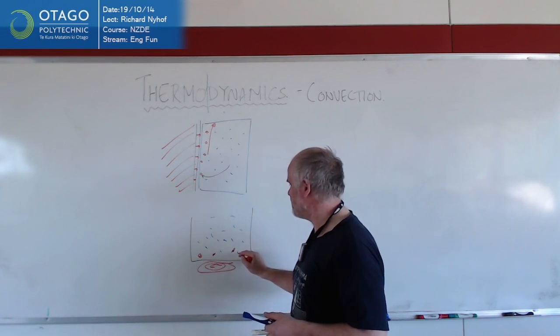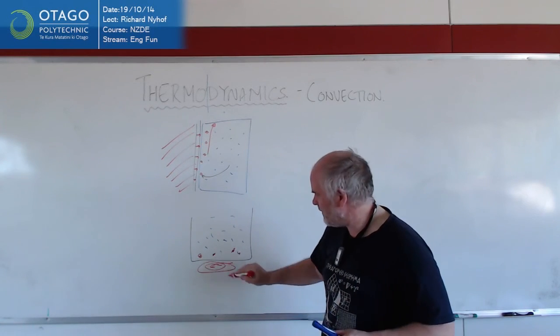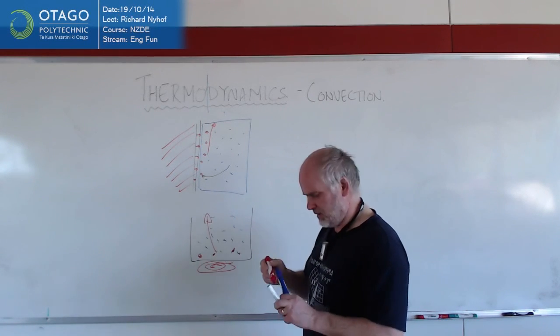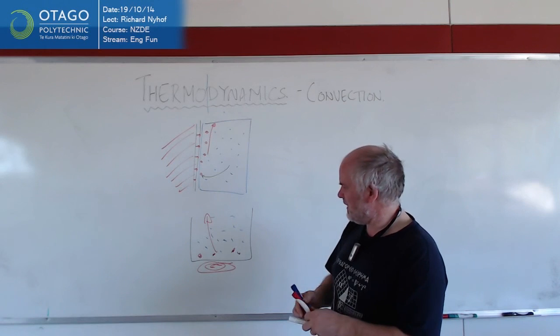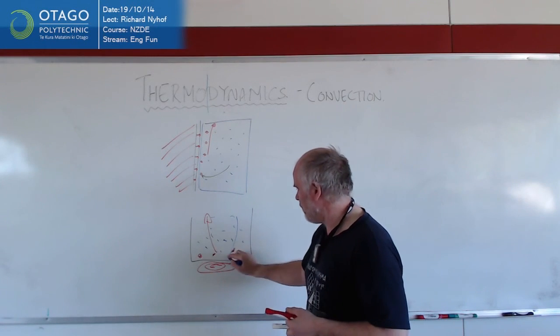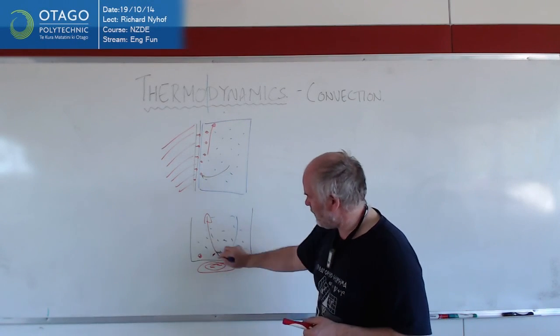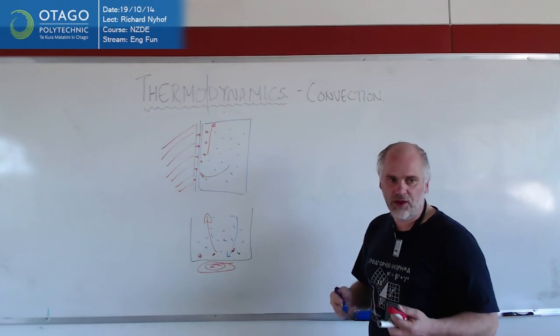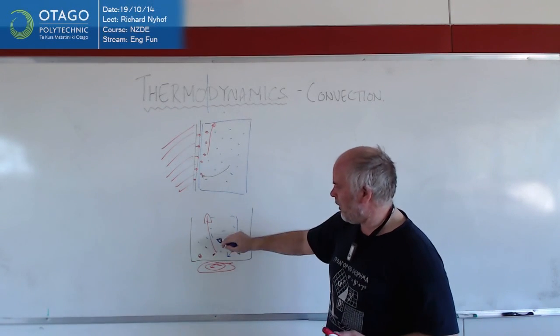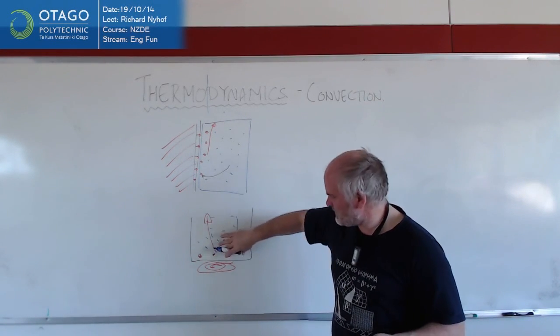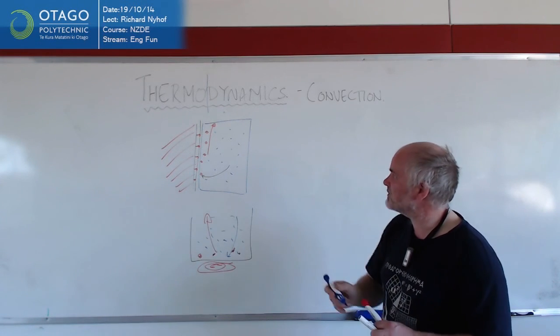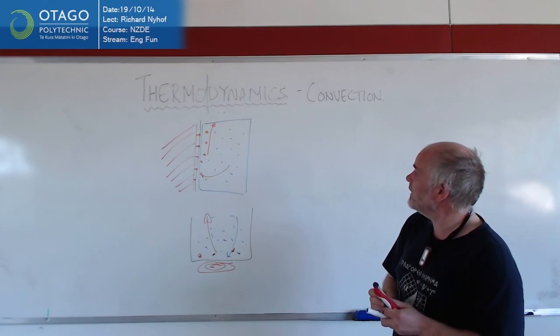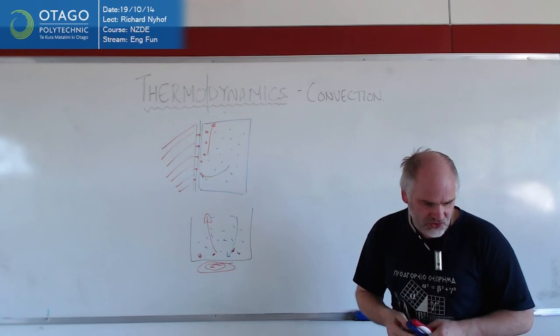Same thing, they get less dense, they get pushed apart a bit, so they start to rise. And as they rise, there's clearly a gap left at the bottom, and the cold ones come down and replace that. And you get the whole water moving around and around inside the pot, and the whole thing warms up as the heat goes to the top and is replaced by cold ones to get warmed up. Okay, so this is the idea of convection.